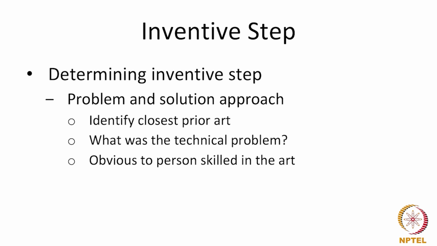So, when you look at the steel wire, you have no knowledge of the paper clip. So, that is a way in which you can eliminate hindsight. And the problem solution approach, because it involves looking at the problem to be solved, helps you to avoid the hindsight issue.